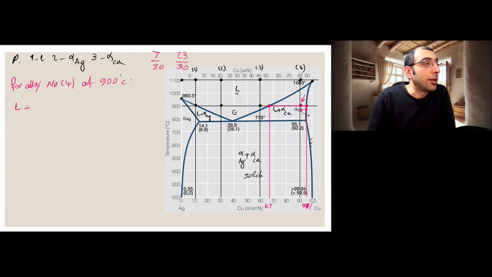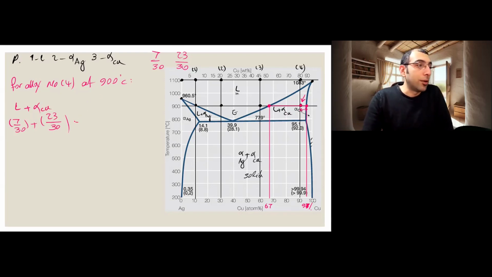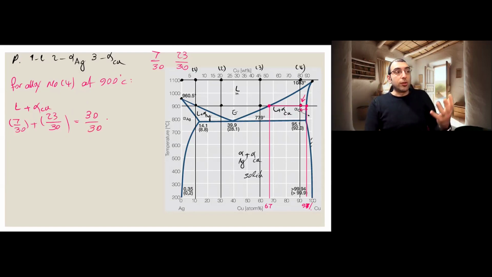We had liquid plus alpha. 7/30 was liquid, and then 23/30 was alpha. What kind of alpha? Alpha copper. So that was our phase fraction. And of course, if you add them up, it will add to 30/30, which is the fraction of the total, which is 1. So that's correct.